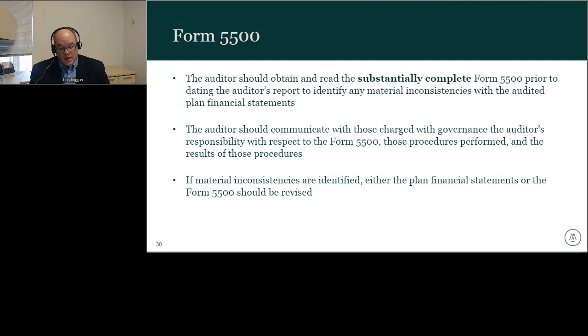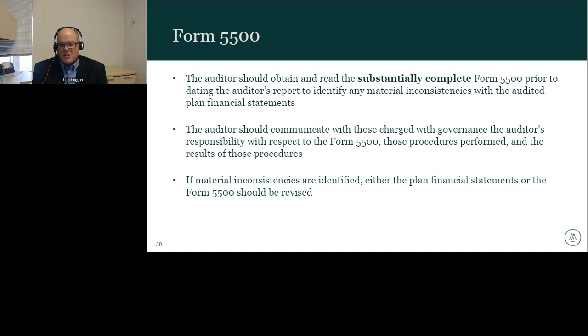And that doesn't change too much from our practice right now. We usually attempt to get a 5500 draft, but as you know, in practice, at times the 5500 drafts aren't ready, sometimes if you have a separate 5500 preparer, and sometimes as auditors, we just get a copy of the Schedule H, or we aren't able to get a Schedule SB or something, and are able to still issue the report to meet a deadline or something.